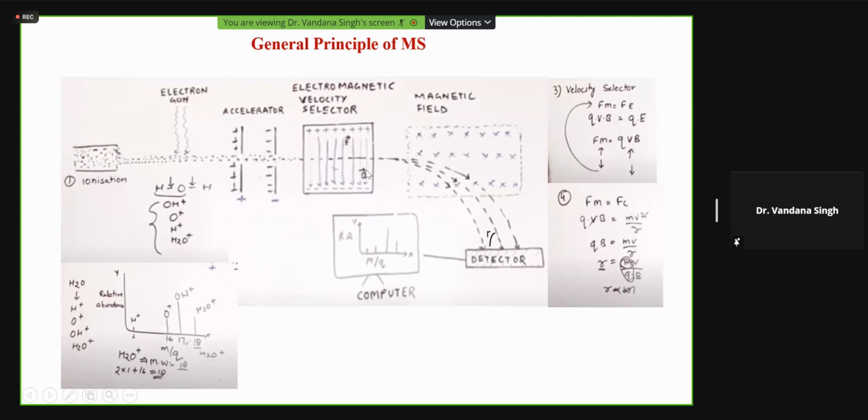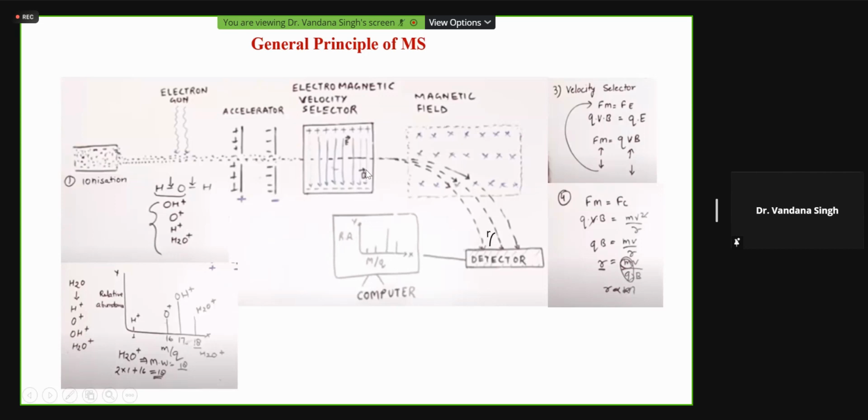So actually they will hit upon this analyzer, and they have to travel the longer path. However, smaller weight molecules will be deflected less, so they will take a smaller path. They will have to travel less distance, so they will reach the detector first as compared to the higher mass.